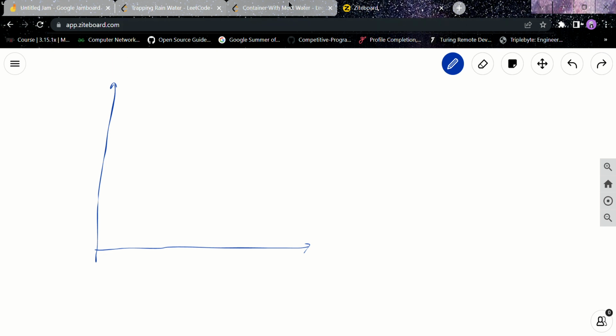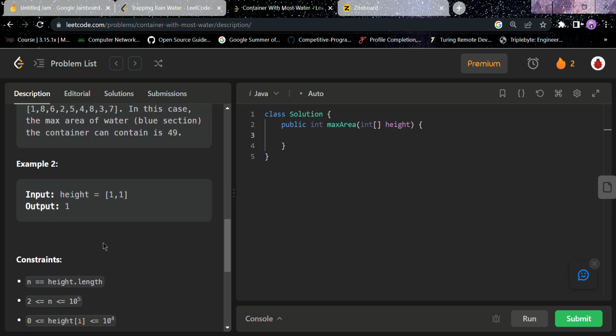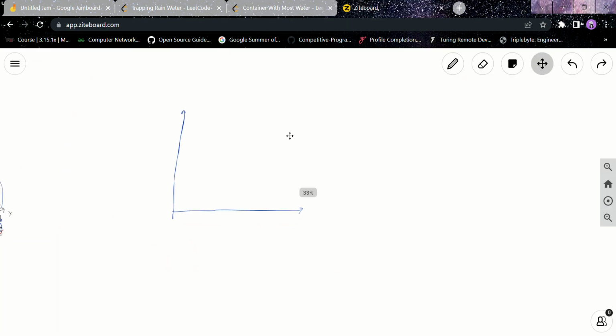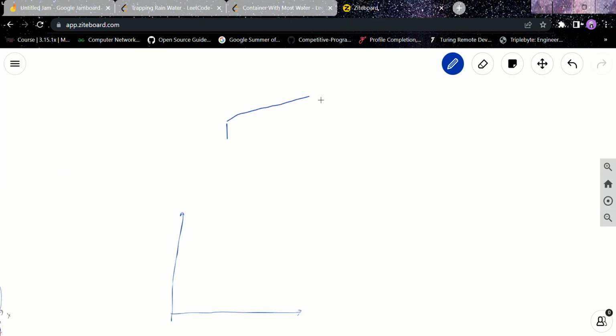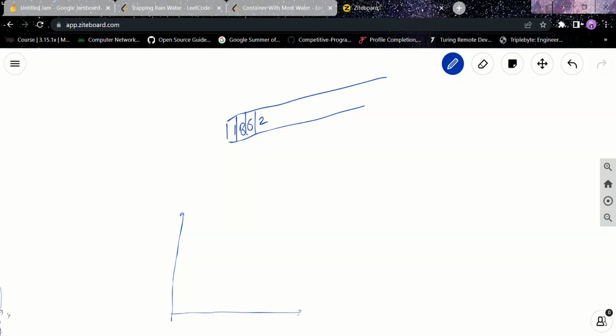Now we are given an array height. Let's take this array: 1, 8, 6, 2, 5, 4, 8, 3, 7.